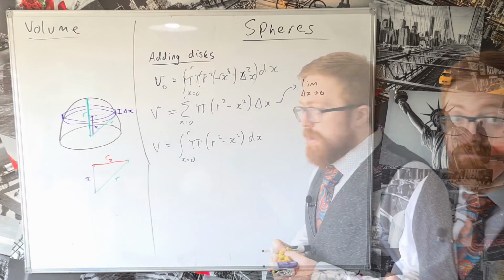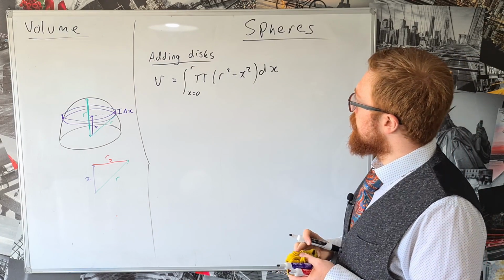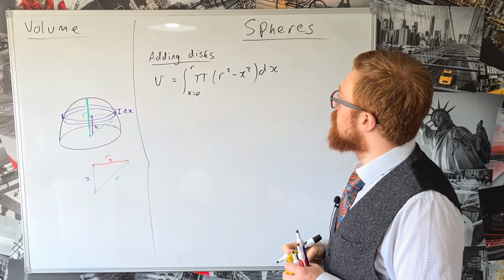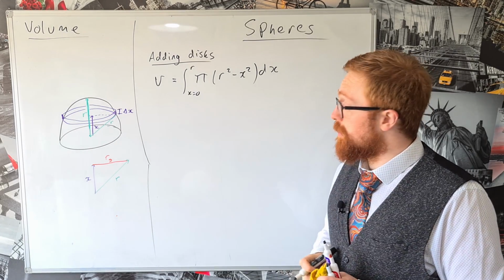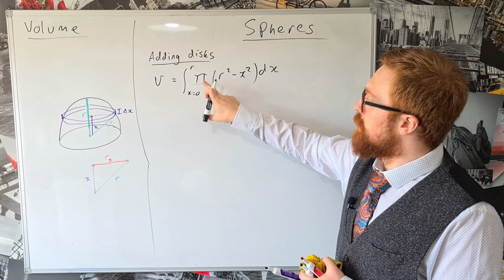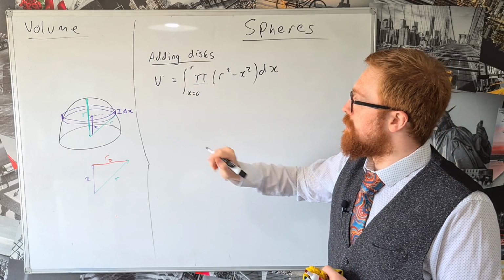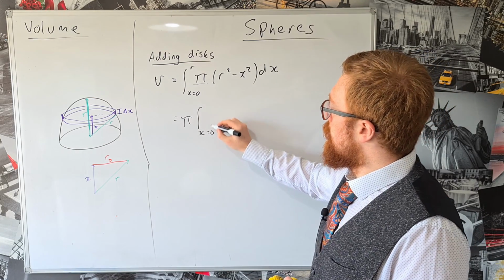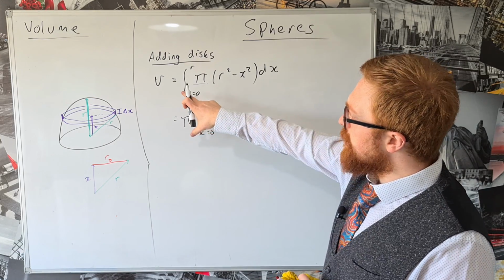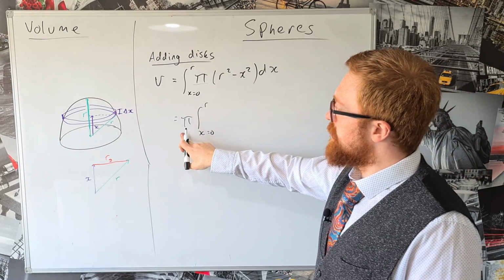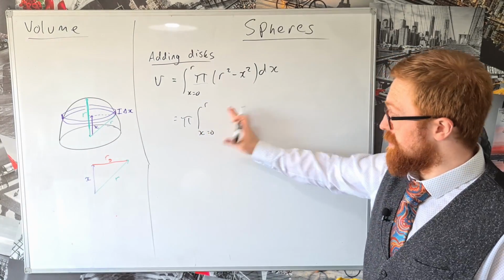Cool, so in a second we'll move on to actually finding the integral of this. It's not too tricky. Okay, so now we're going to integrate this. There's one thing we can do straight away that's going to make this a little bit easier: because this pi is a constant, we can factorise it out to the front of this integral. So integrating pi times some function of x is the same as doing pi times the integral of that function of x.